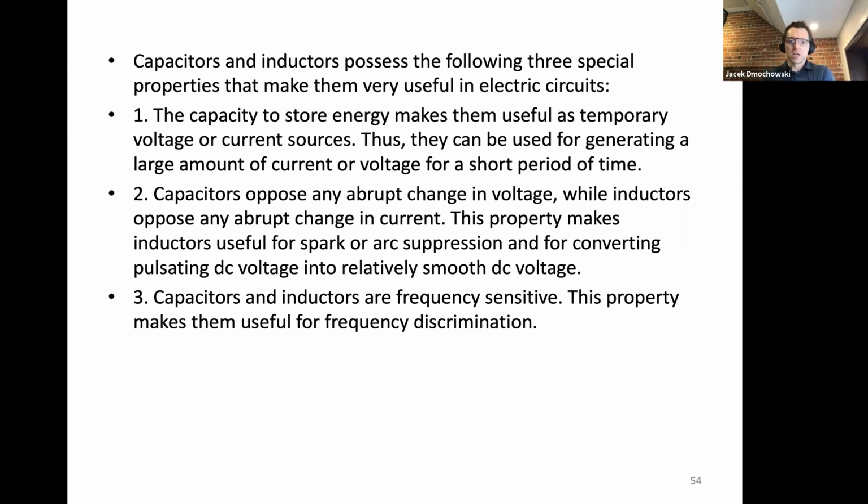And so that property means that capacitors and inductors respond differently because they are change detectors, and because frequency is really a measure of change with respect to time. Capacitors and inductors are inherently sensitive to the frequency of your currents and voltages.